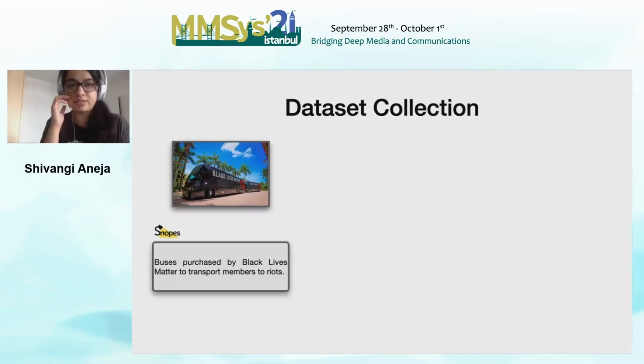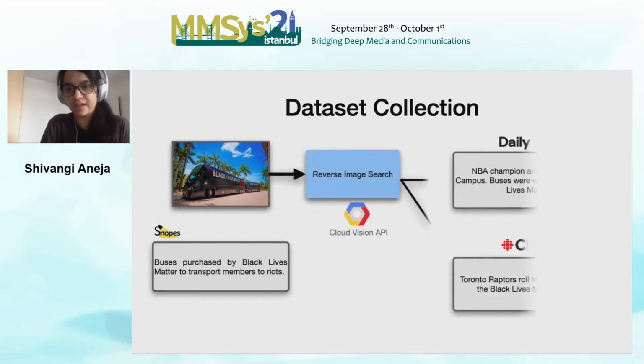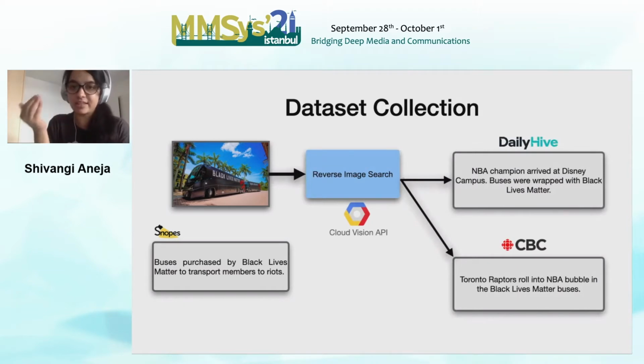What we did is we started out by creating a data set where we gathered a bunch of images. For every image, we collected some captions, and then we used reverse image search and found different captions for the same image. This way we collected multiple captions per image.